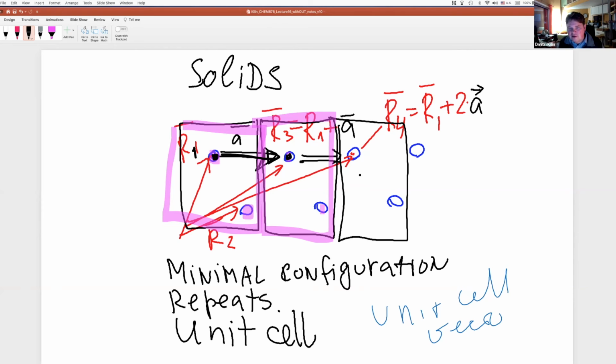If you have the third replica, the position of each atom in the next unit cell will be the same as in the first cell plus a translation vector. For the second cell, it will be the position in the first cell plus two translation vectors, right? And if it is not a one-dimensional polymer but a two-dimensional or three-dimensional structure, then there will be translation vectors in each of the three directions, like A, B, and C.